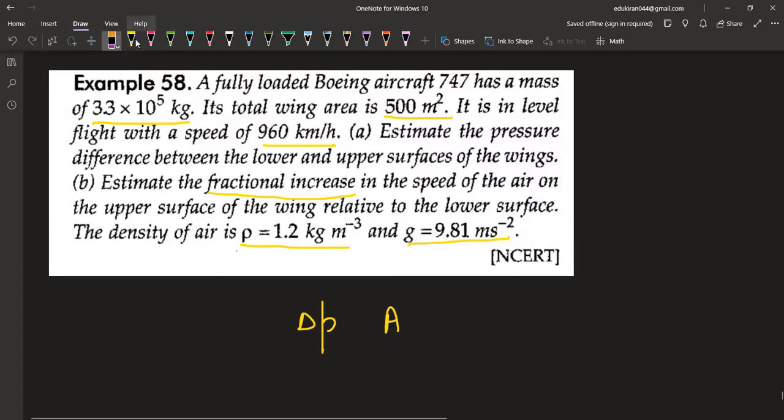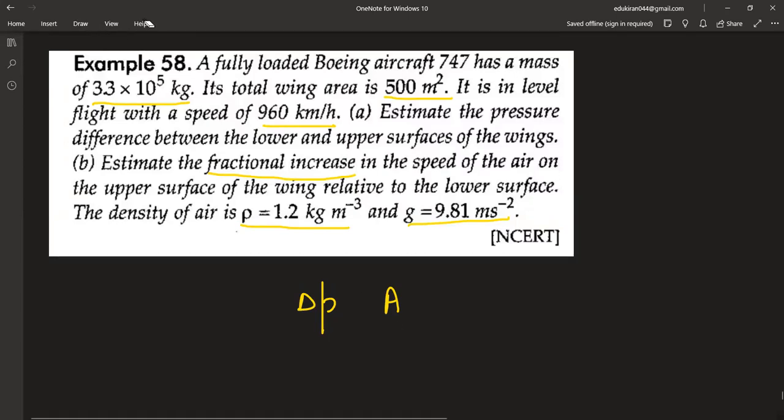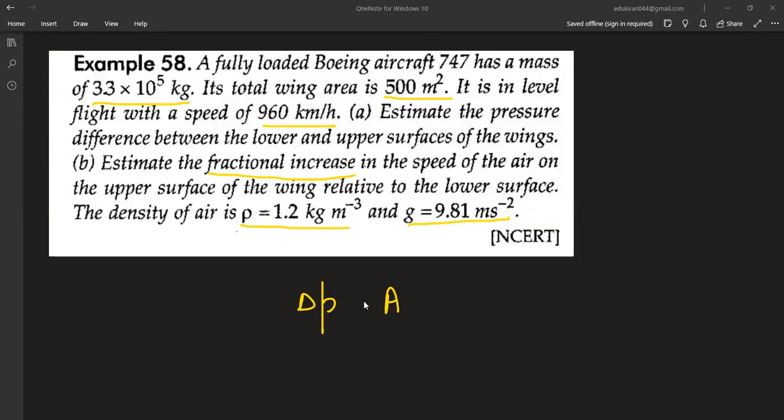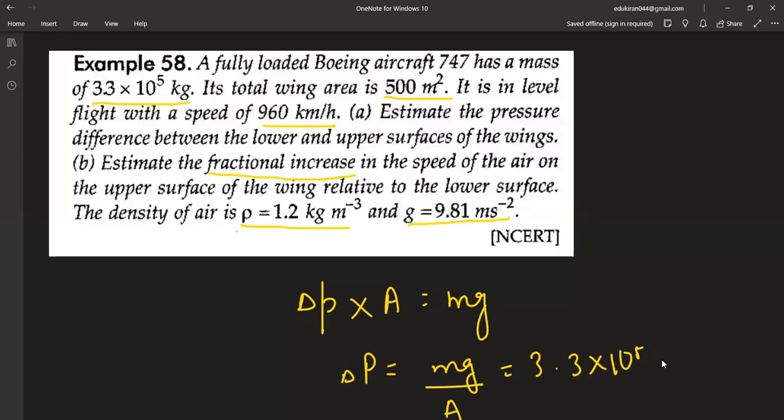Pressure multiplied by area gives the force, which is equal to mass into acceleration due to gravity. So the change in pressure will be mg divided by A. What is the mass? Mass is 3.3 into 10 to the power 5.